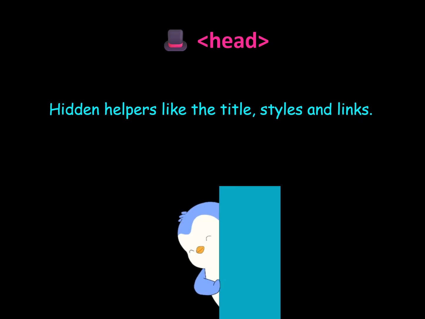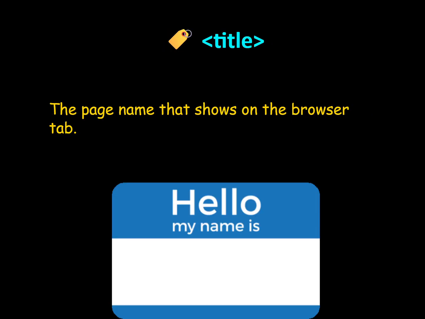So head, you remember it already. Next, we have title. It's the page name that shows on the browser tab. You know, in a link, like the link for Amazon, it's amazon.co.uk or amazon.co.ie or amazon.co.in or something.